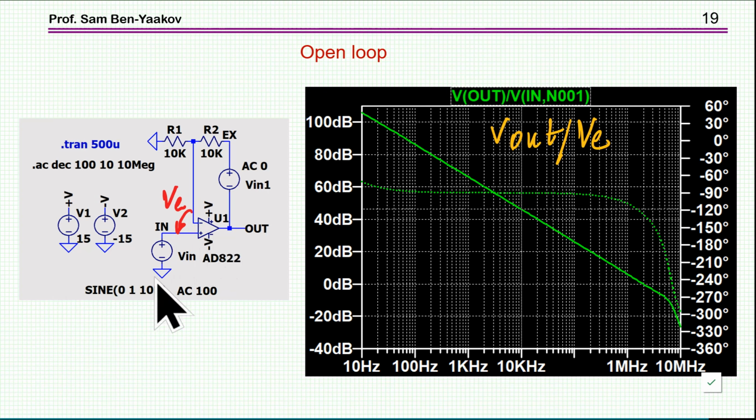So if I run this as I ran it before, and just look at the ratio between this voltage and the voltage between these 2 points, I'm getting the open loop gain of the amplifier. Very nice. At low frequency, it's about 100 dB, and then the crossover frequency is here. I see like 2 megahertz, and here I see the phase at the end of the bandwidth. Very nice.